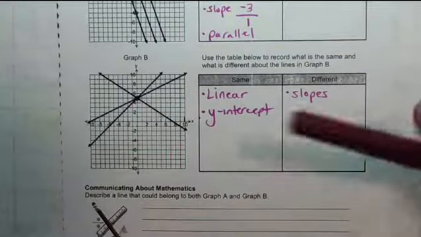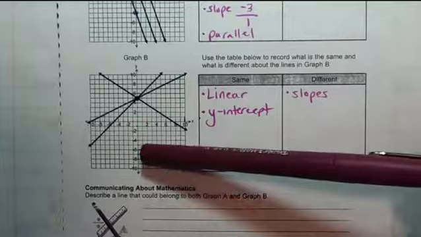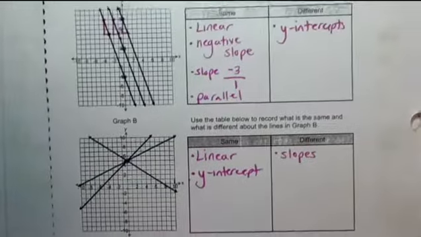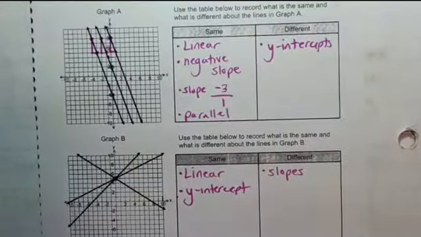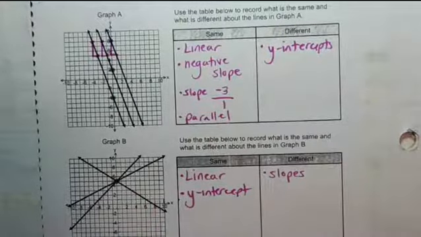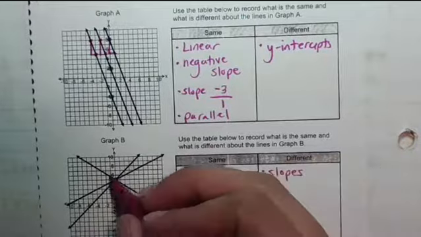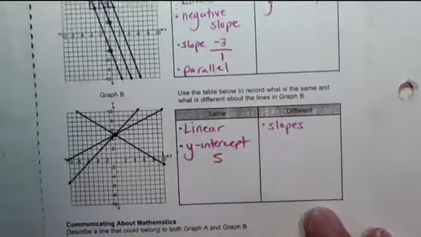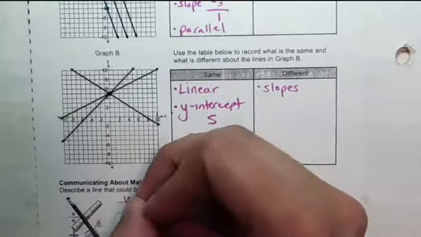It says describe a line, so you're going to have to make a line that could fit for both of these graphs. So what is one thing that would fit for both graphs where they have to have the same things here? One thing that you could say is that for graph B, all the y-intercepts here were 5. So your line would have to have the y-intercept of 5.